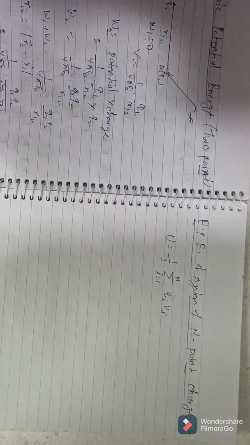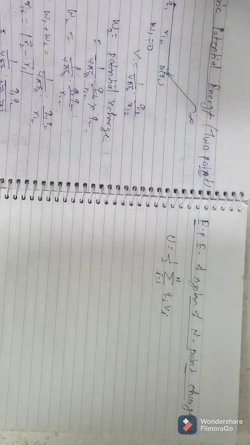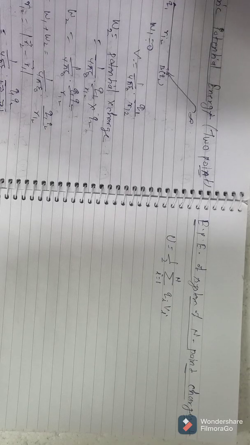This is the formula to find the electric potential energy of a system of n charges: half taken outside, then summation i equals 1 to n of qi vi.